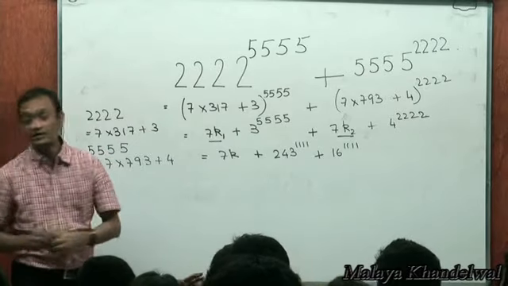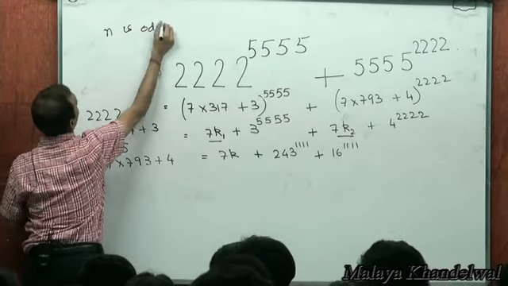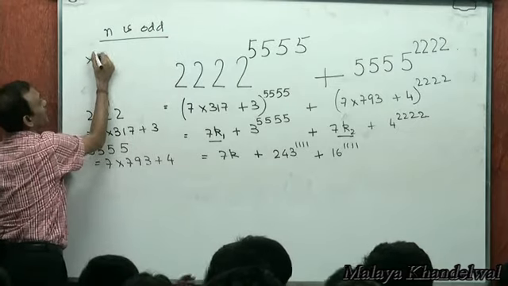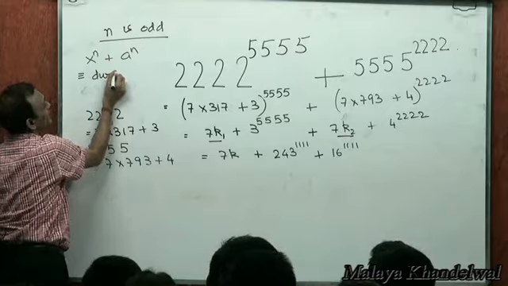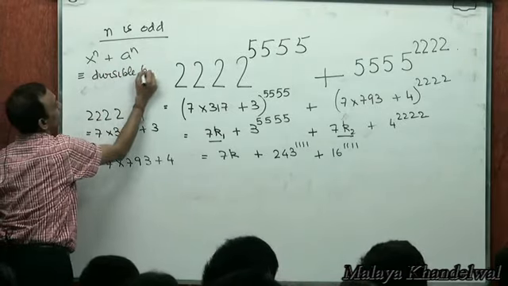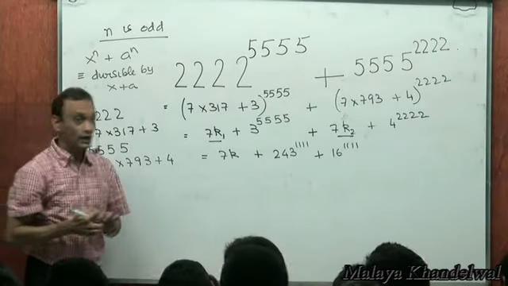A result which I told you, if n is odd, x power n plus a power n must be divisible by x plus a. Did I tell you this? Right?